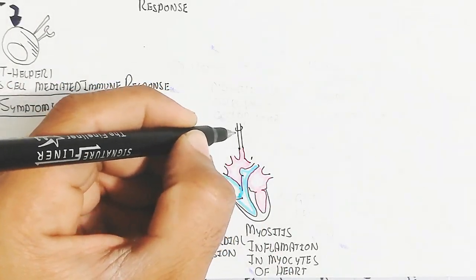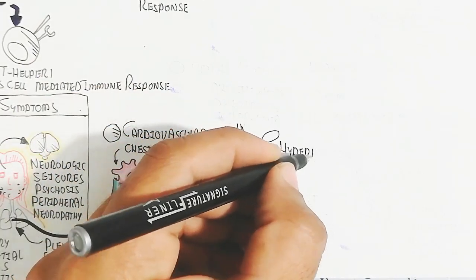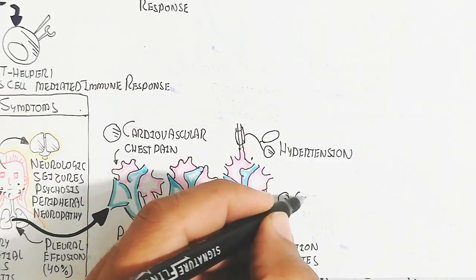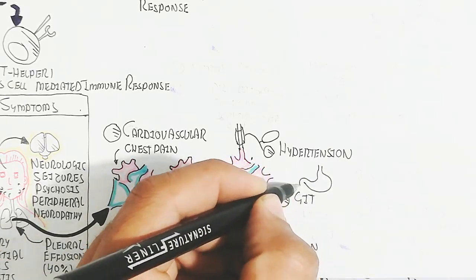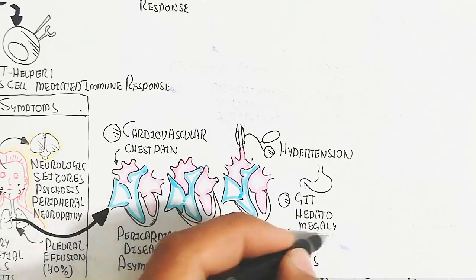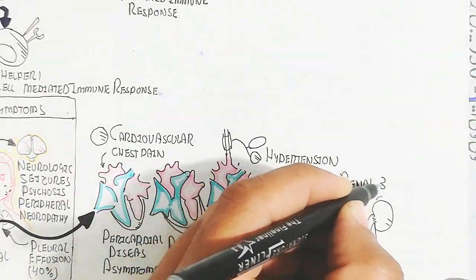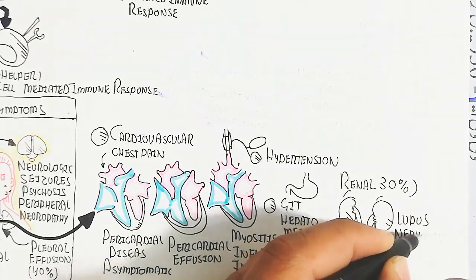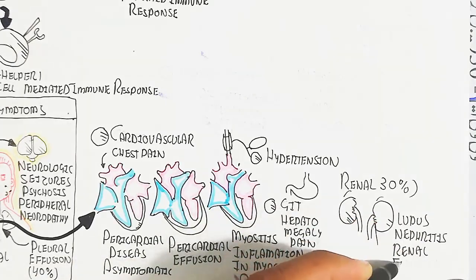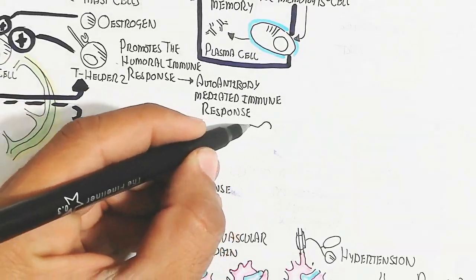On the other hand, hypertension will increase, as well as gastrointestinal tract problems. If we discuss in this way, there is hepatomegaly and pain, as well as GIT problems. On the other hand, in the renal system, 30% have lupus nephritis, and renal failure can be caused by systemic lupus erythematosus.